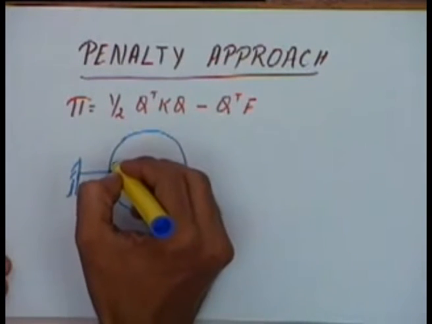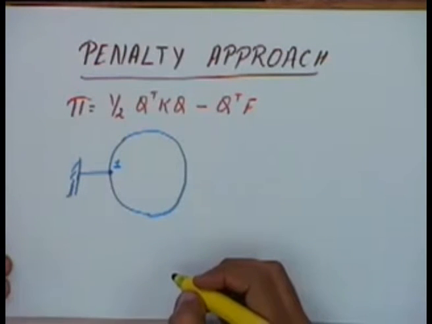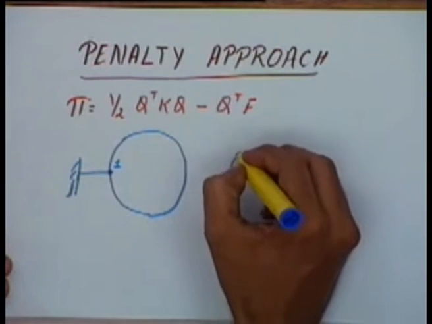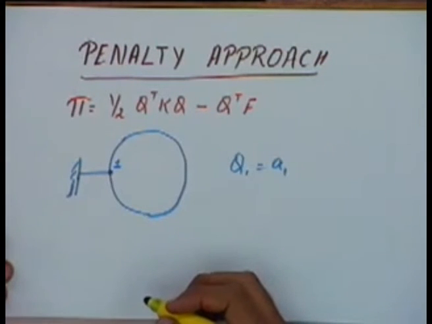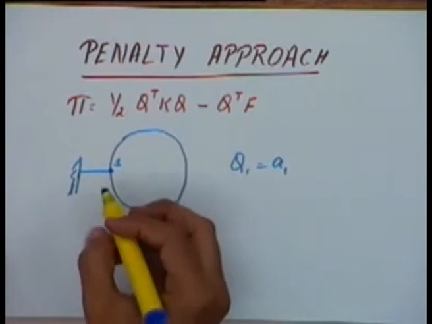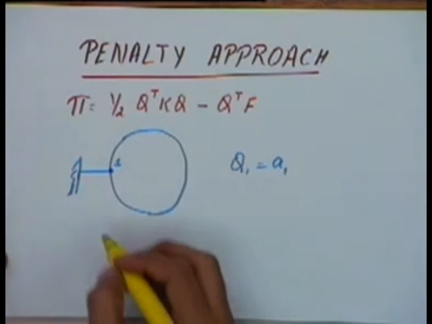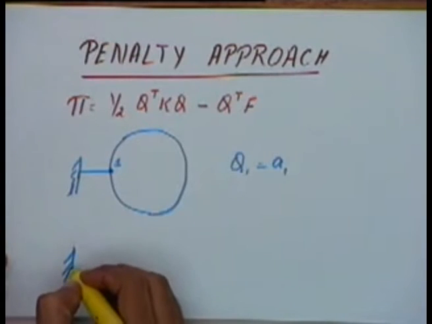Let us say this is node number 1, and we will consider the constraint that Q1 is equal to A1. So we will approximate this body by a body like this.